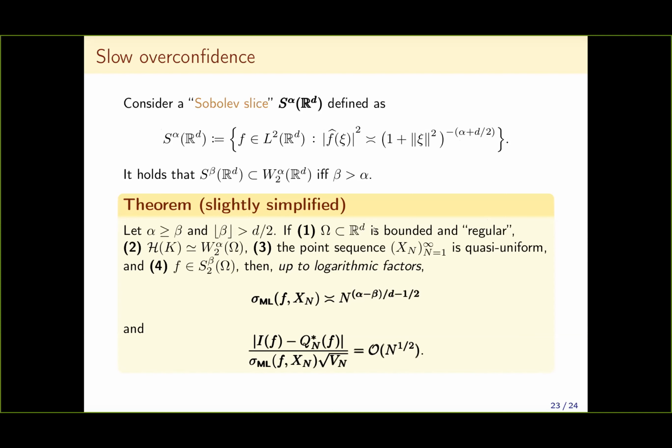And so our result says that if the domain is bounded and nice, so that certain results from Sobolev space theory hold, if the RKHS is norm equivalent to an alpha smooth Sobolev space, if our points are quasi-uniform, and if our function is in this Sobolev slice of order beta, then we have a certain rate of decay or growth for the maximum likelihood estimate, and we have this result that the standard score is growing at most at square root rate up to logarithmic factors.